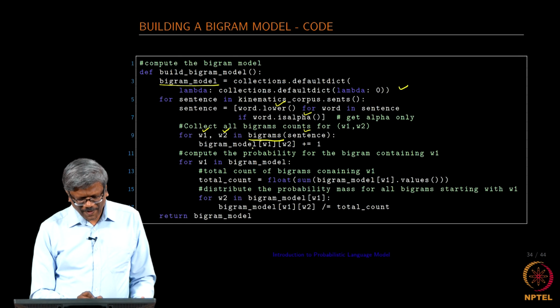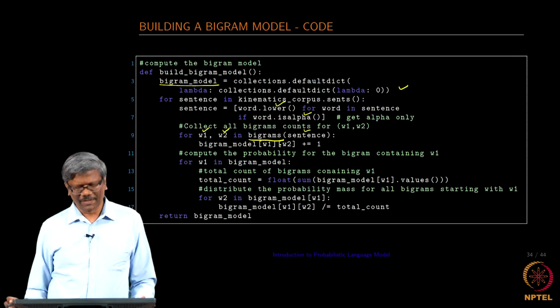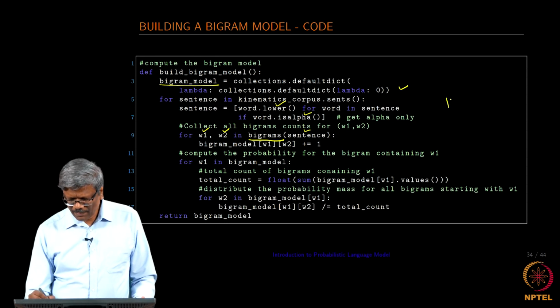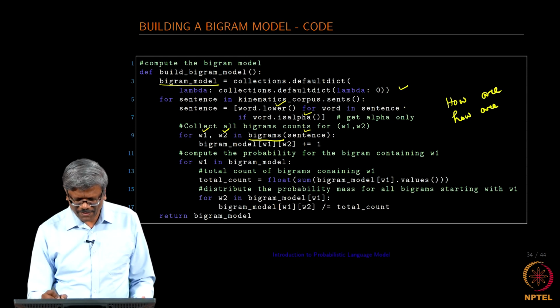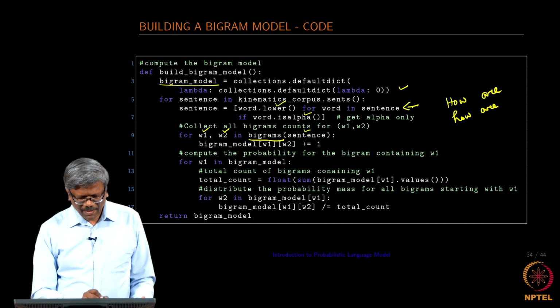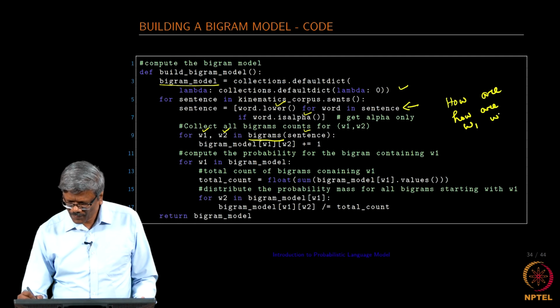Then I construct the bigram model using those words. For example, if W1 is how and W2 is are, this is converted into the pair how, are. For the bigram model, this is word 1, word 2.